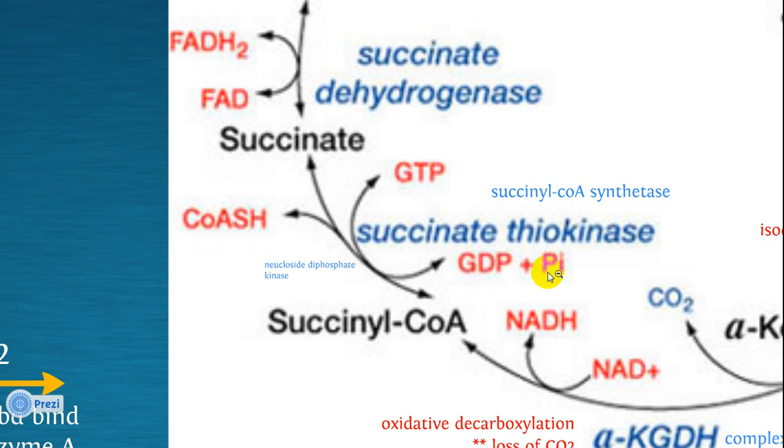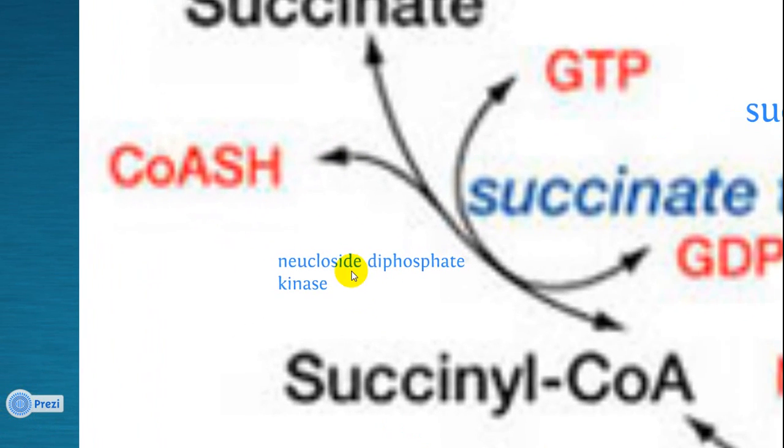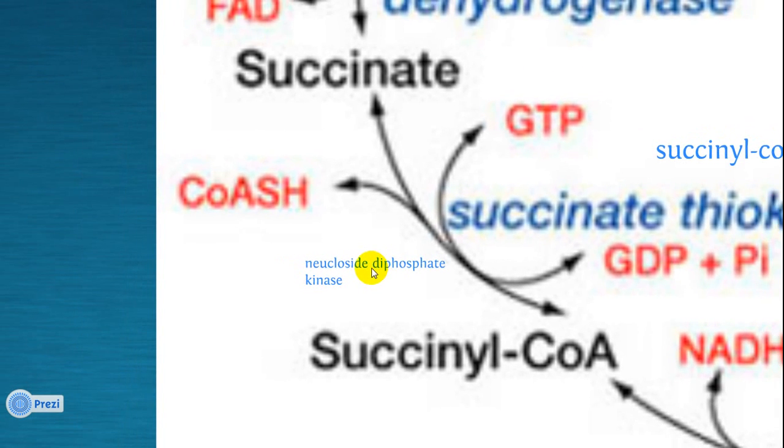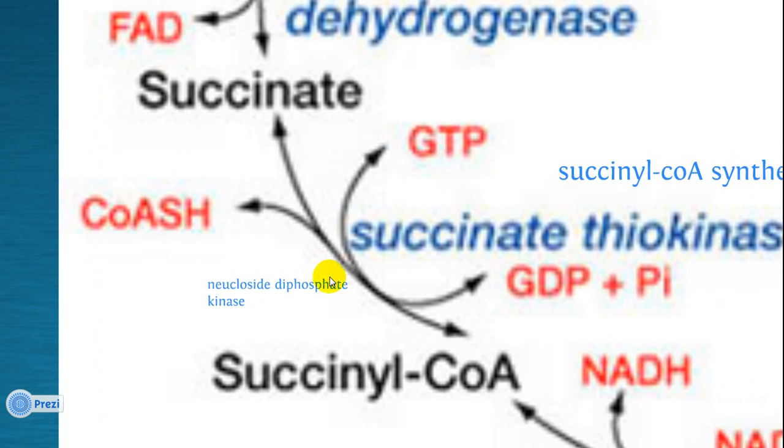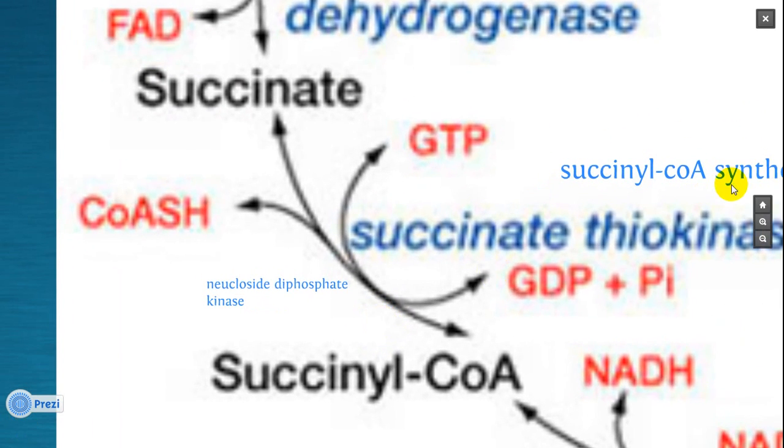Between the GDP and the phosphate group. But it needs energy from where? From the coenzyme A. Now we have another enzyme called the nucleoside diphosphate kinase. The kinase enzyme, you remember, is responsible for moving the phosphate group. So this reaction needs two enzymes, the synthetase and the kinase.